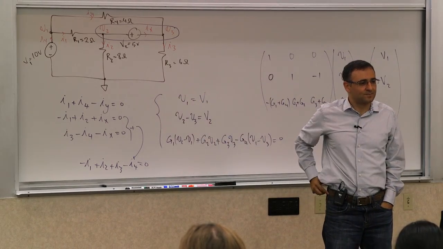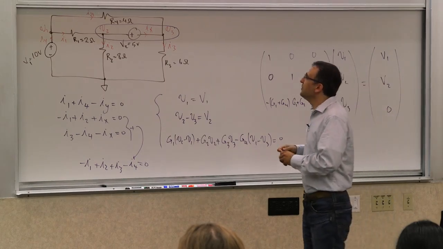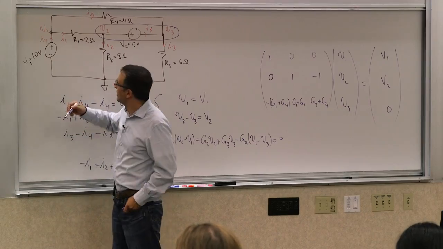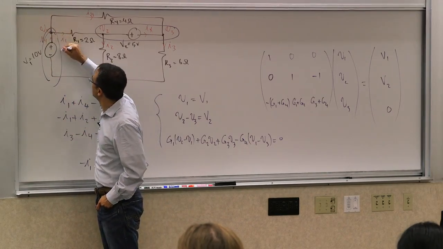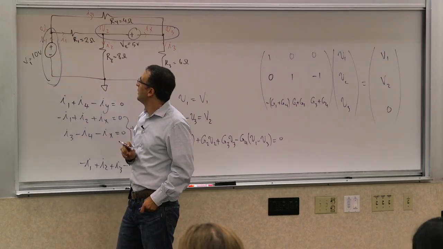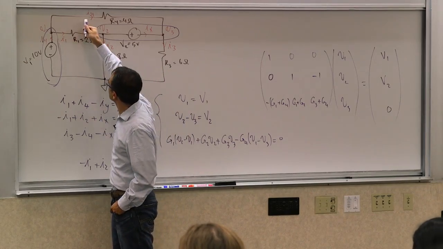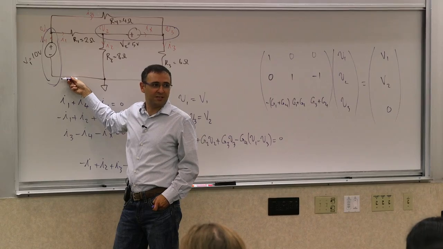Yes? Can we make a different supernode with the other voltage source? Right. The supernode for the other voltage source is simpler. The supernode for it is like this. You could do it, but what would it tell you? It would tell you that I1 plus I4 plus this current is going to be 0.